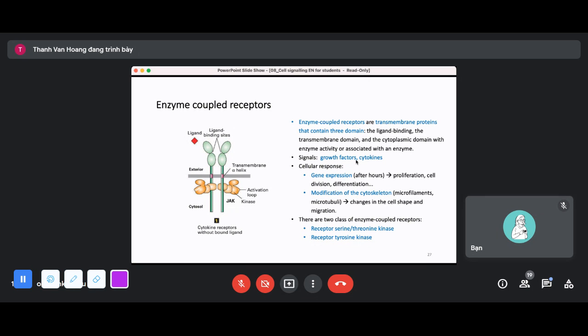It can induce cellular responses as we talked about with the G protein. It can induce two different things, or many cell activities. But as we talked about at the beginning, the cellular response can happen very quickly. For example, in the case of insulin, when the insulin is there, the cells will take up sugar immediately.